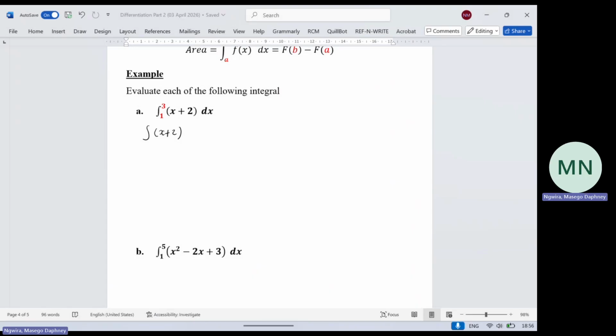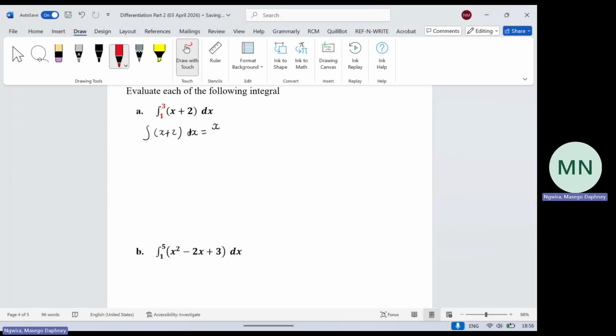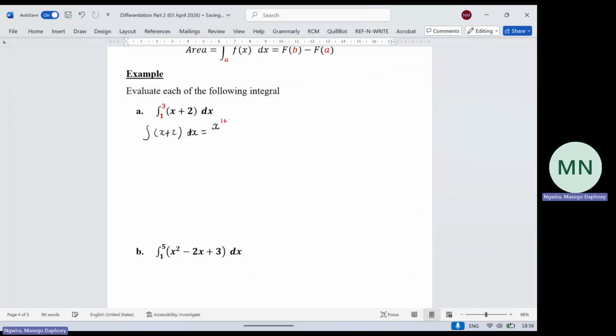So the integral of this is with respect to x. We've done this, you know it's going to be x squared, so remember it's 1 plus 1 over 1 plus 1, because there's always a 1 here.